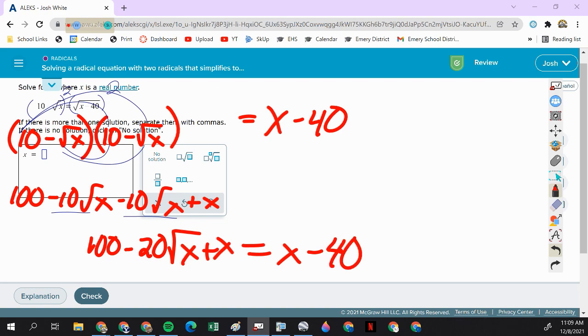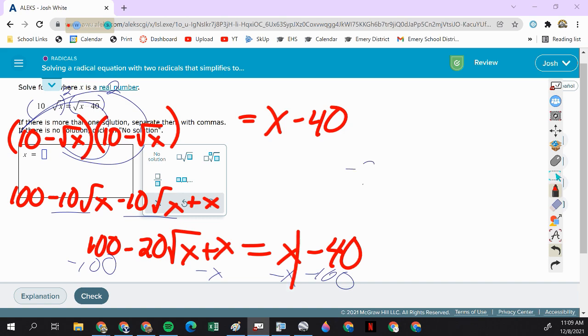So the first squaring that I did got rid of one of the square roots. So I'm halfway there, but I have another square root, so I need to move everything but the square root to the other side, and then we'll square it again. So we subtract 100. We subtract x. Those actually cancel.